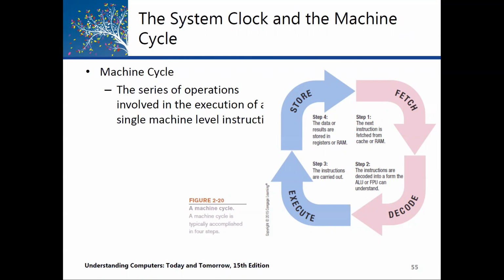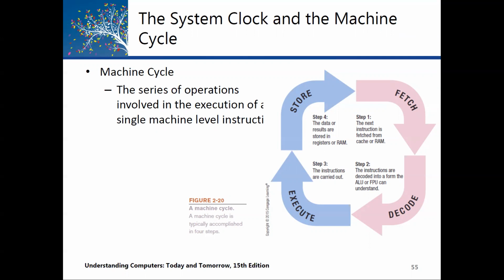So what do we mean by fetch? Fetch means the program instructions are fetched from RAM, from memory, or from the cache inside the CPU. So the instructions are located in cache memory or in the RAM. At every machine cycle, the fetch step will fetch the instruction into the processor, the CPU.